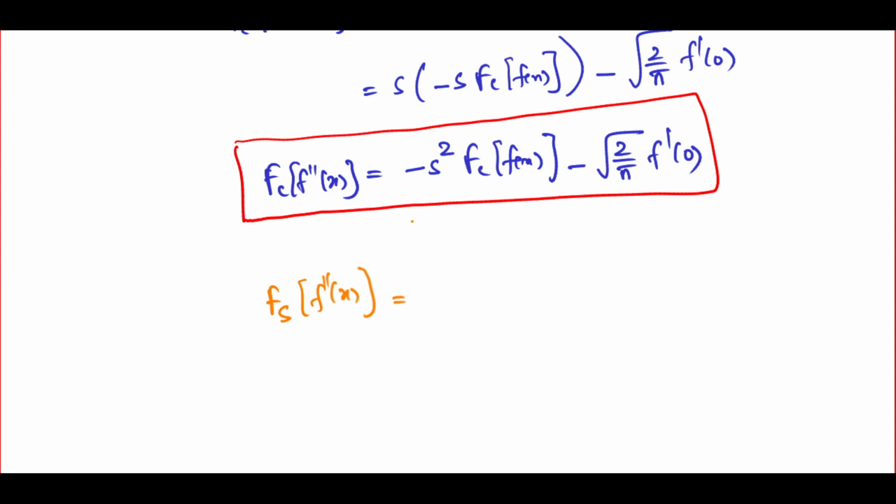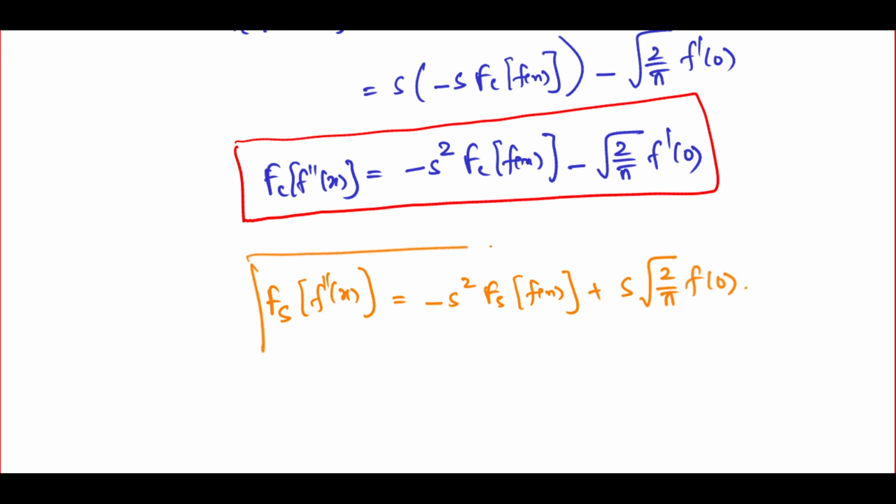Apply the Fourier sine transform of the derivative once, then you get Fourier cosine, and then apply the Fourier cosine transform of the derivative, and you get the Fourier sine transform of f double dash, which is minus s square Fs of f of x plus s into square root of 2 by pi into f of 0.